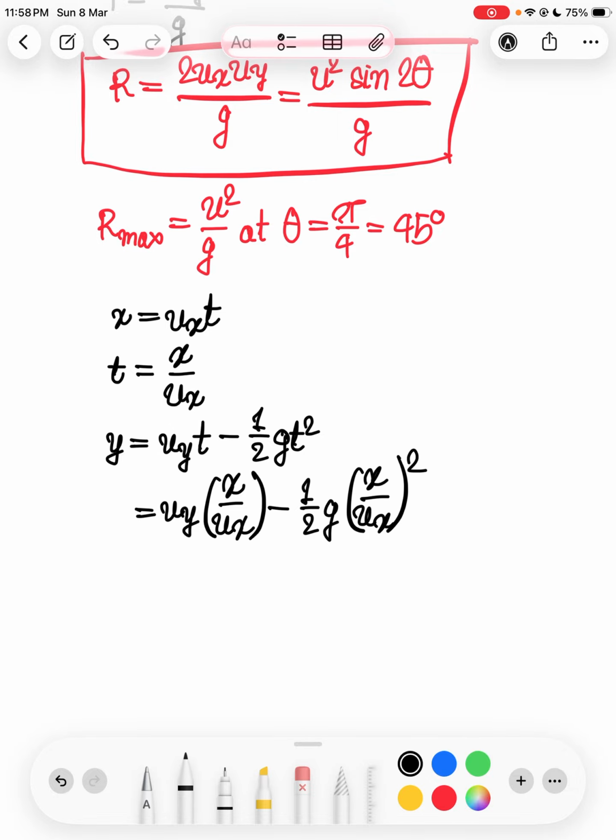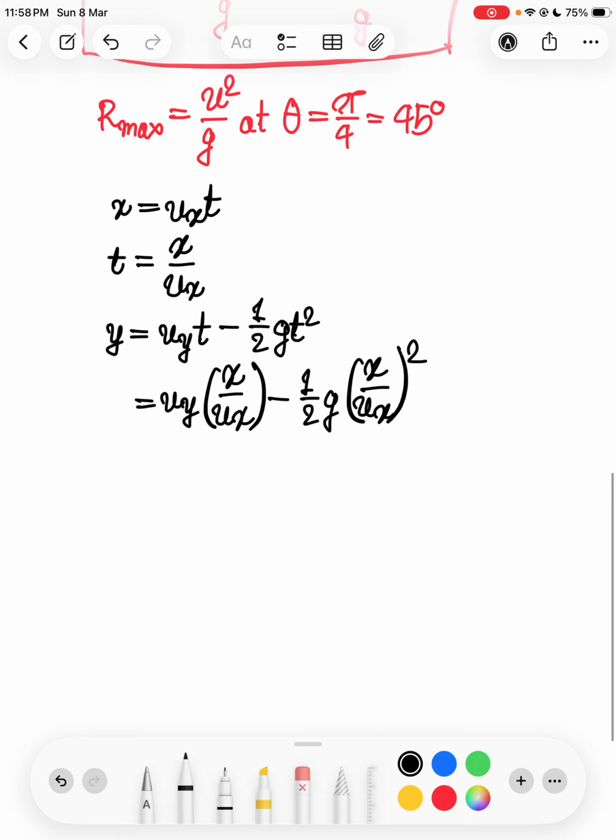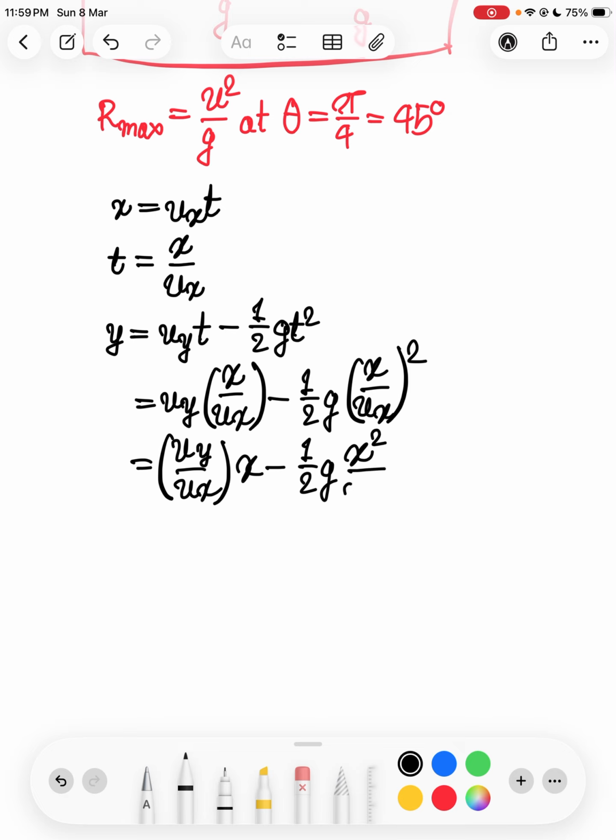Now this uy by ux, we can just write uy by ux into x, and this is as it is, g x square by ux square. So basically, now this uy is u sin theta and ux is u cos theta, so u cancels out, and we have sin theta by cos theta, which is nothing but tan theta.